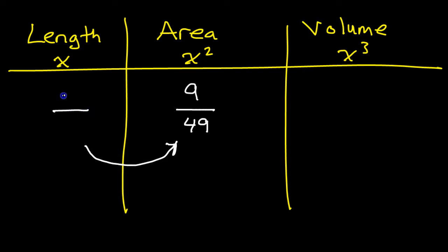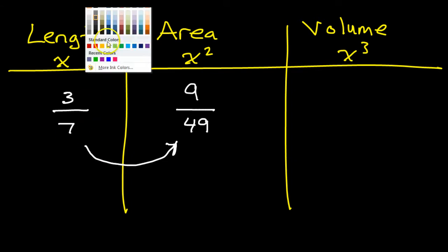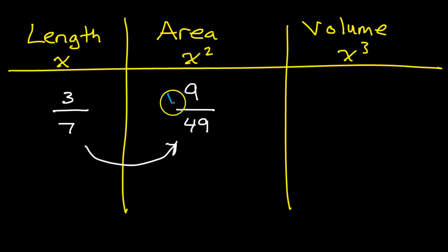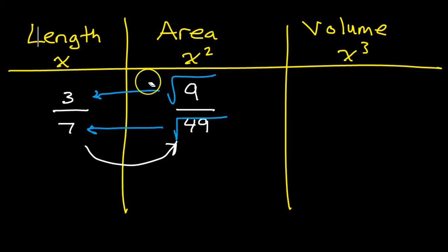So, what length would square and give you 9? Well, that would be 3. What about the 49? That would come from 7. Or you could think of it as taking the square root of 9 and the square root of 49 and getting 3/7.